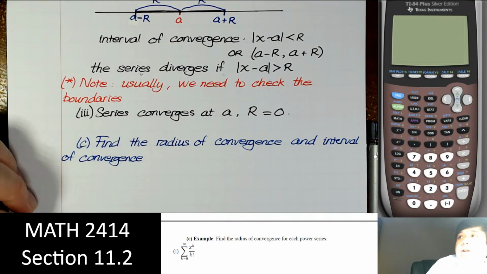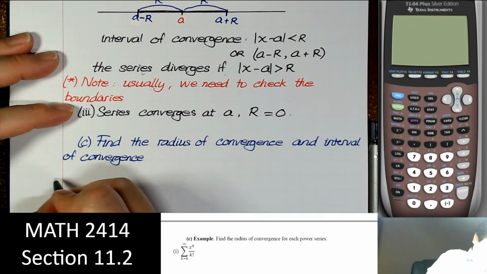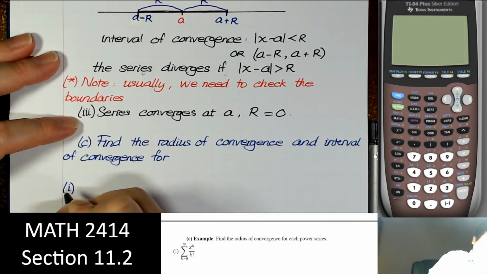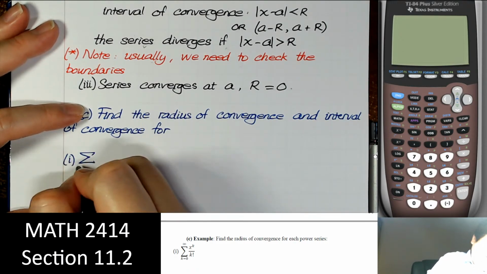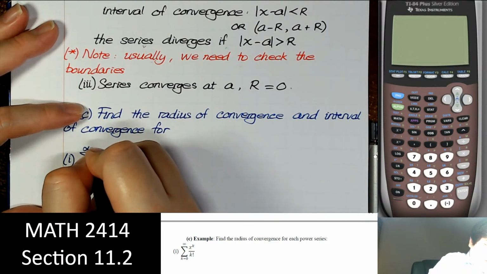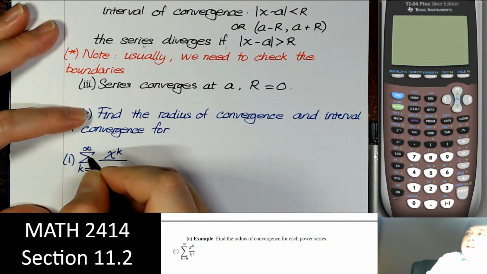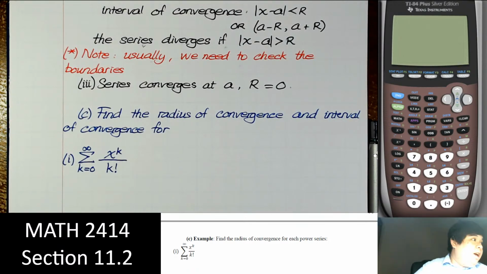So we'll find two things, the radius of convergence and the interval of convergence for this series. The first one we have is x to the k over k factorial. The difference here is that we don't just have k as the index that changes, we also have x.